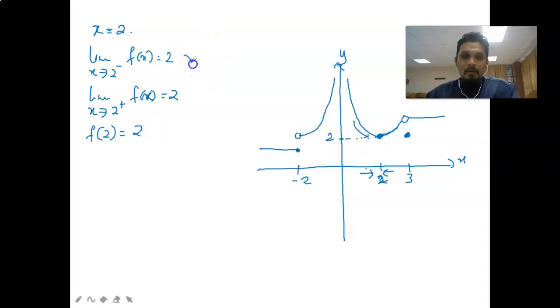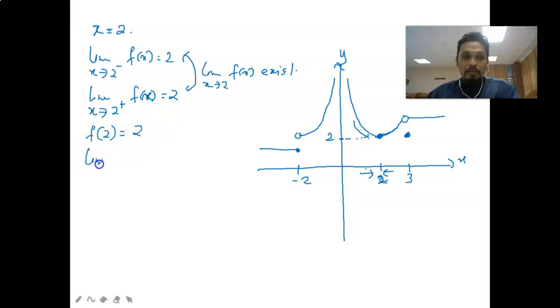For these two we come up with the conclusion that the limit as x approaches 2 of the function f(x) exists, and when x equal to 2, then y equal to 2.